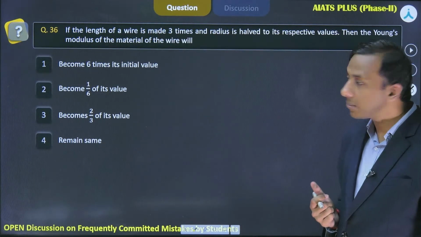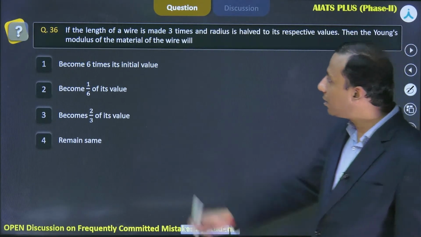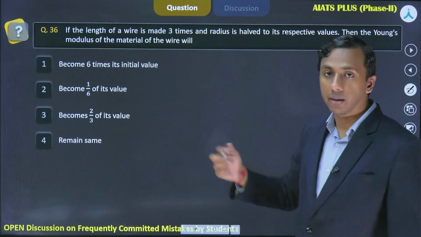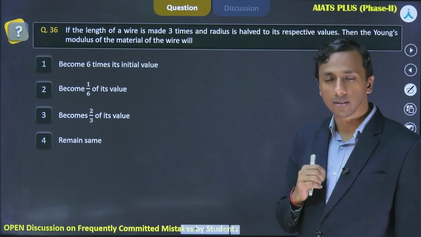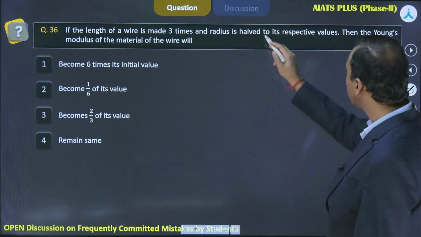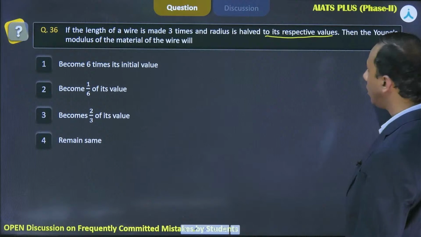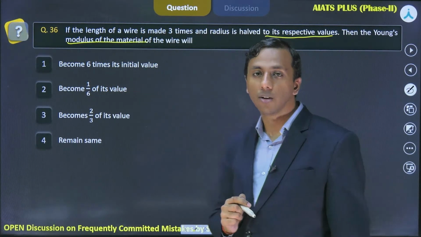Now let's do another. So here also, if you see, the length and radius we are changing, right? The length of the wire is made 3 times longer, and the radius is halved. So the dimensions of the wire you are changing. But now what are they asking over here? To its respective values, then the Young's modulus of the material of the wire.